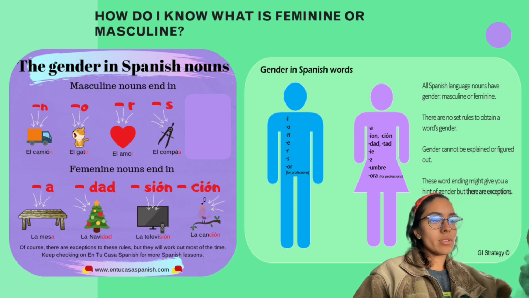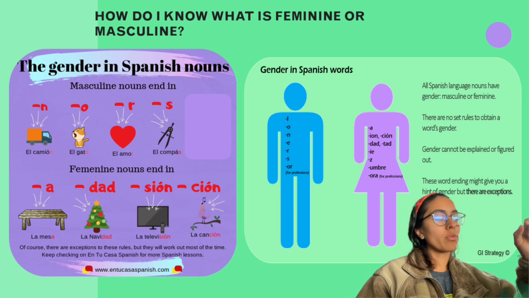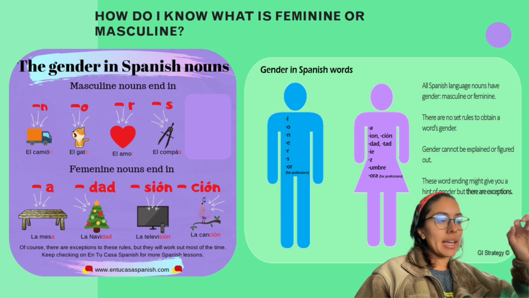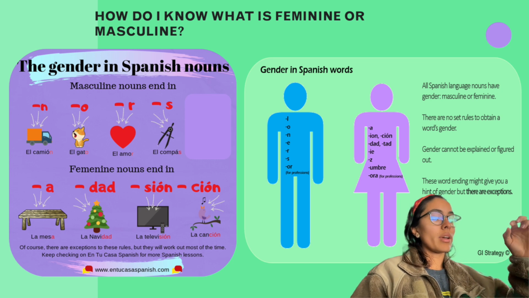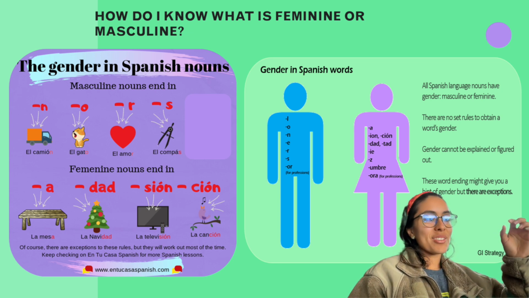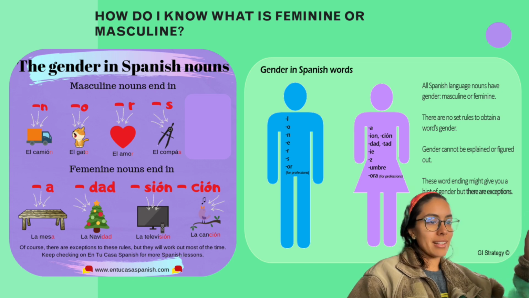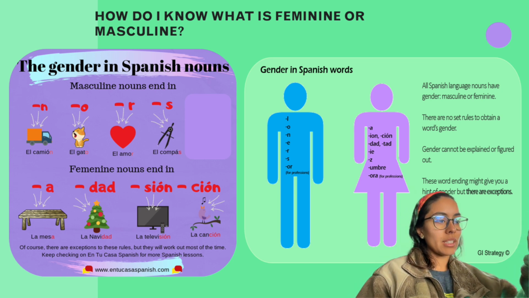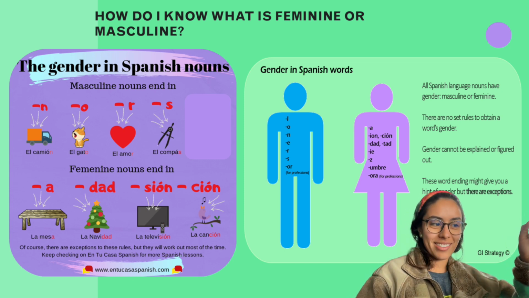Another one is the ones that are ending in N, O, as I mentioned before, R, S. So we have camión, we have gato, we have amor, and we have compás. So camión is truck, gato is cat, amor is love, and compás is very similar in English, it's compass.